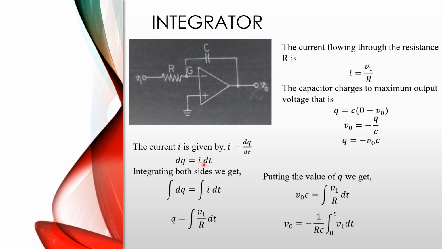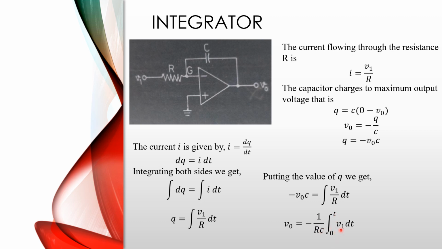Integrating this equation on both sides, we get integration dq equal to integration I dt, then q equal to integration V1 by R dt. Putting the value of q, minus V0C equal to integration V1 by R dt, and from this equation we get V0 equal to minus 1 by RC, integration from 0 to t of V1 dt.